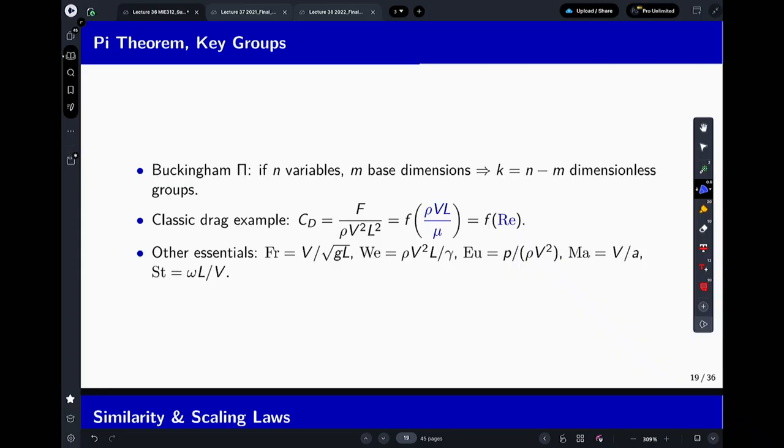So, for example, Froude number when you're dealing with free surfaces, Weber number when you're dealing with surface tension, Mach number, Euler number is for pressure. It becomes sort of various C sub p's that we look at. Strouhal number for vortex shedding, and Mach number for compressibility effects.